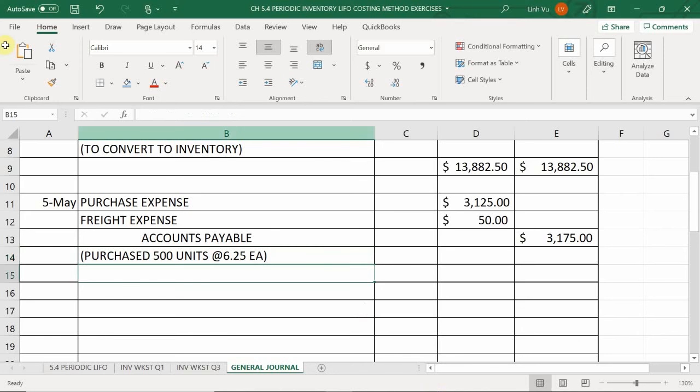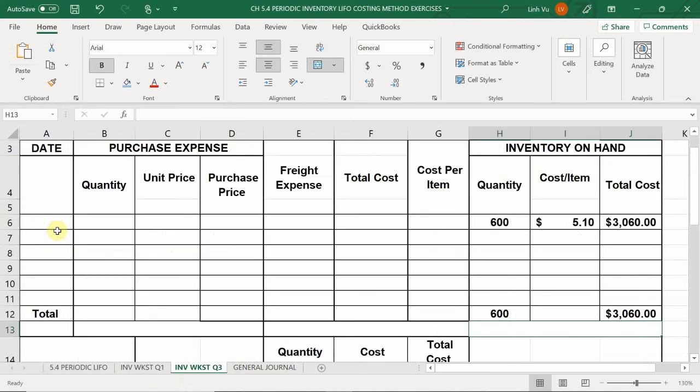Let's plug those numbers into our new inventory worksheet.